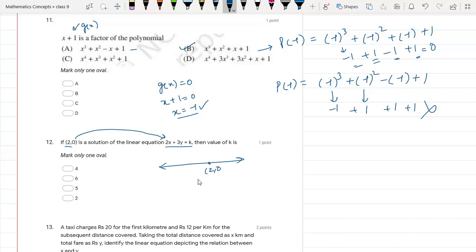If a point lies on a line, it must satisfy the line also. To satisfy, if I put the value of x as 2 and y as 0, then it must satisfy the line. The equation is 2x plus 3y is equal to k. Now put x equal to 2 and y equal to 0.